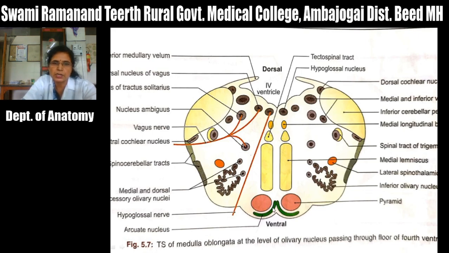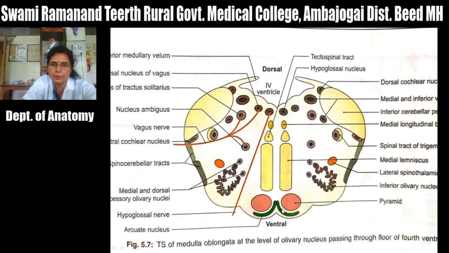It receives corticopontine fibers from the cortex, and its efferents form the anterior external arcuate fibers. These cross to the opposite side, enter the inferior cerebellar peduncle of the opposite side and enter the cerebellum.